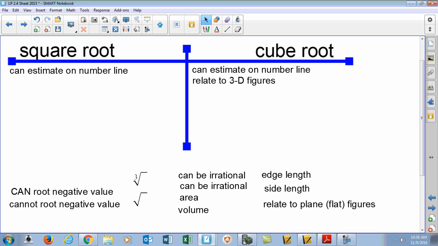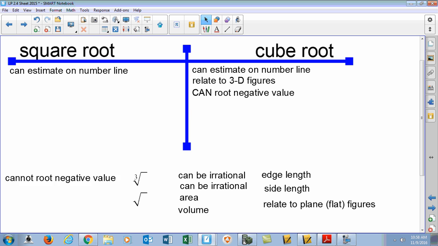Which one can we take the root of a negative number? Cubic roots can do that. Square roots cannot. So that's where this goes. Because remember, -2 times -2 times -2 is -8. But no two numbers, when you multiply them together, can give you a negative number. That's why a square root cannot give you a negative number, and a cubic root can.